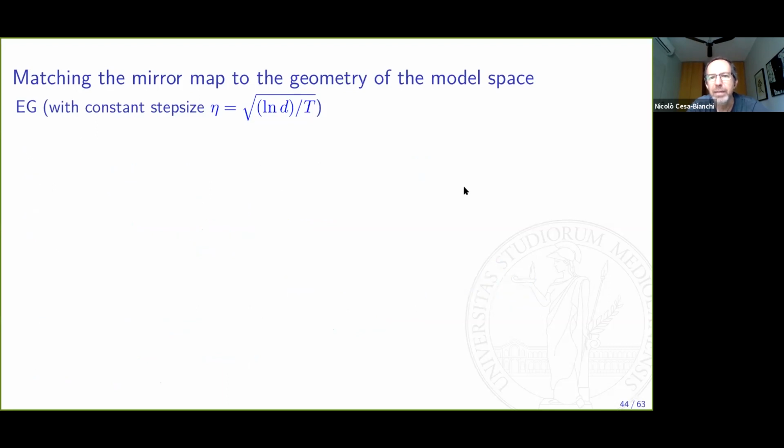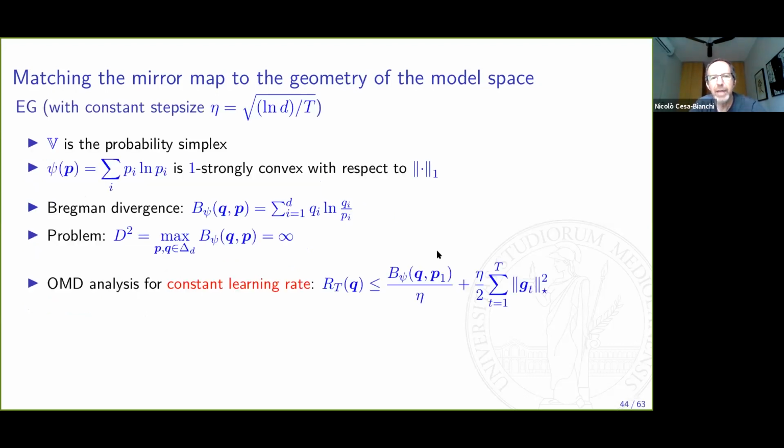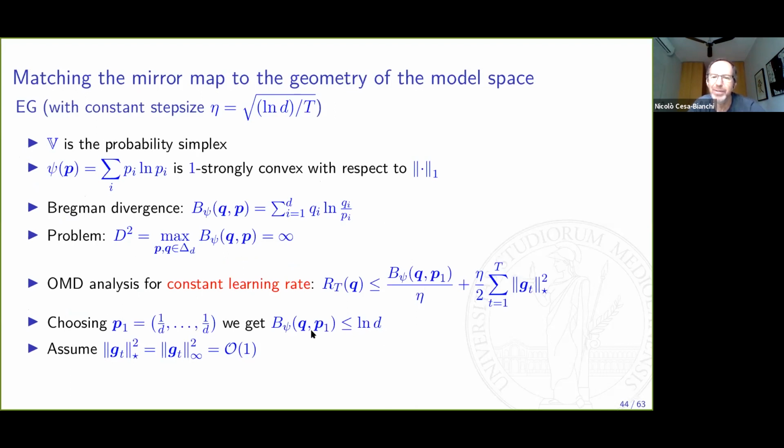Before, for OGD, your squared Euclidean norm mirror map was strongly convex with respect to the two norm. The dual of the two norm is again the two norm, so you get the dependence on d in the gradient, even though you bounded the infinity norm by a constant. That's why you get this d dependence here. And you get back a mild dependence on the dimension in the diameter. It's not really the diameter, but the distance from any point in the simplex to the initial hypothesis, the initial model.